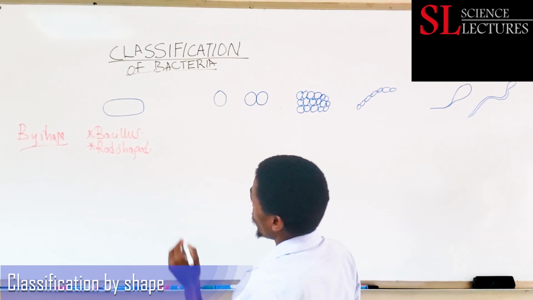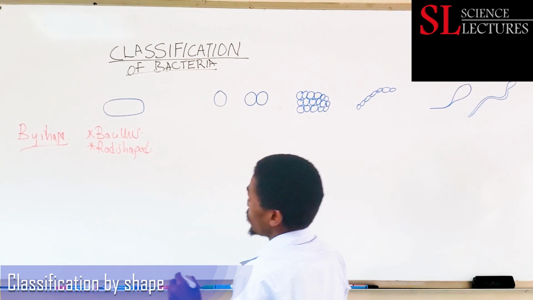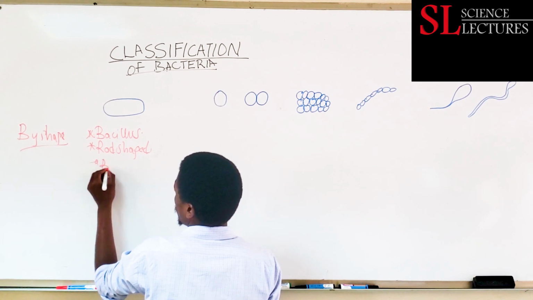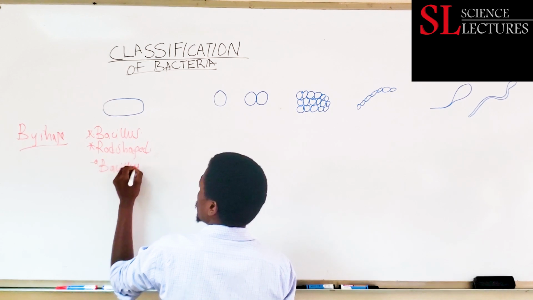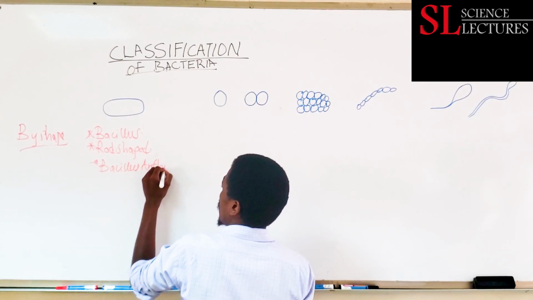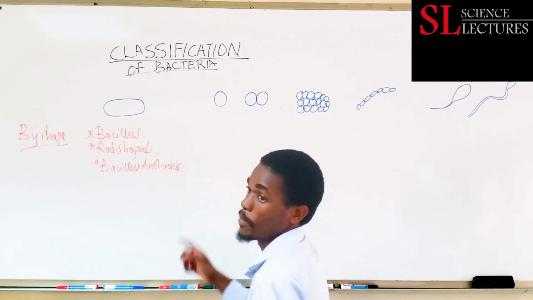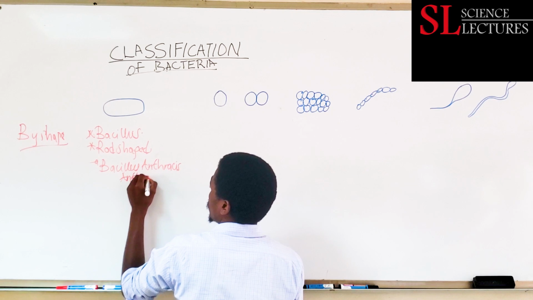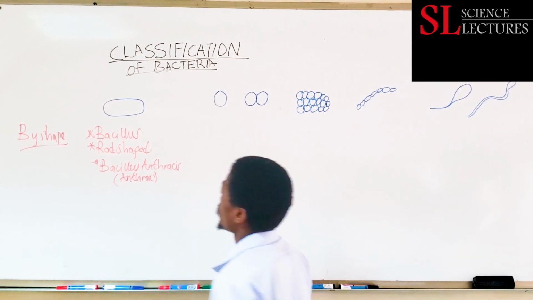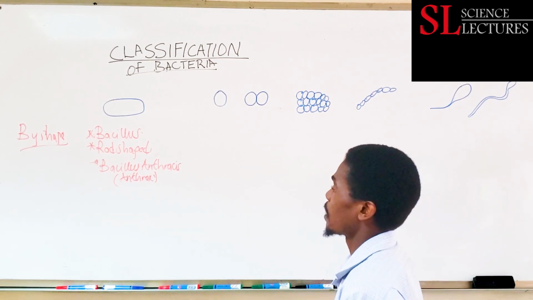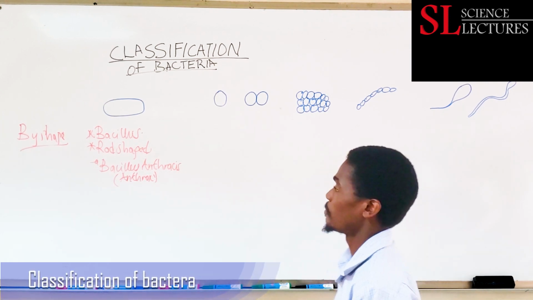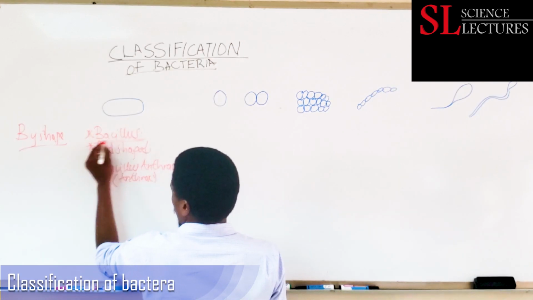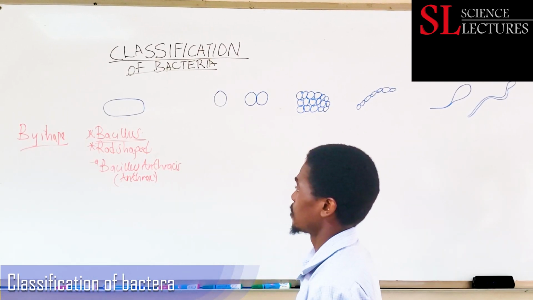An example of such bacteria is Bacillus anthracis, the bacterium that causes anthrax. If you observe it under a microscope, you will see it is rod shaped, and that gives it the name bacillus.